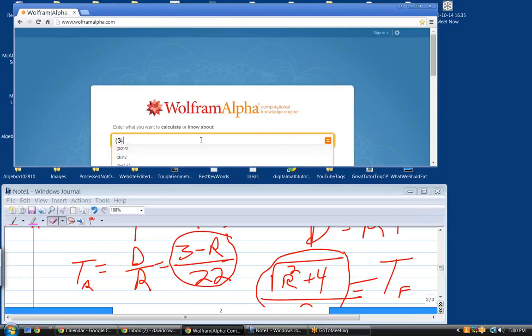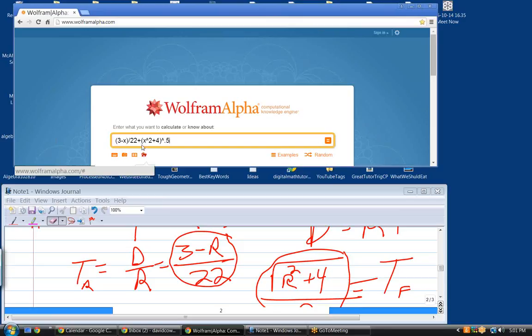Quantity 3 minus, I'm going to call it x instead of r, just because it likes x better, divided by 22, plus the quantity r, oops, better use the same variable, r squared plus 4 raised to the 1/2, all divided by 9.